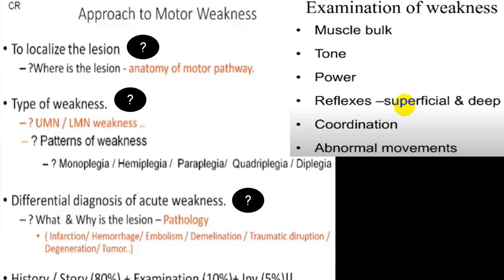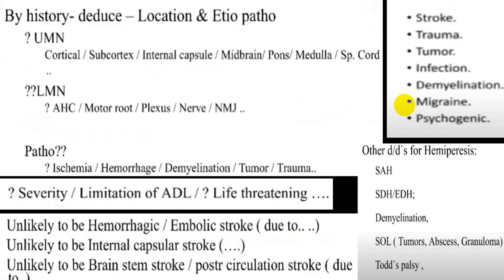So while localizing the lesion, clinically at least we can say that it is unlikely to be hemorrhage, because in a hemorrhage it will be rapidly progressive, while here there is no further progress, so it is less likely. It is more likely an embolic stroke because it is non-progressive.